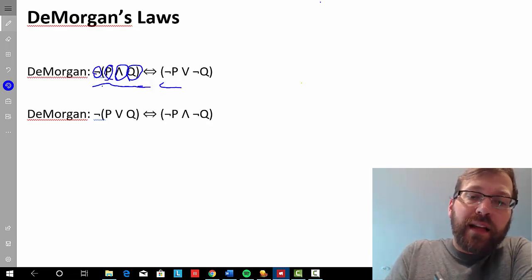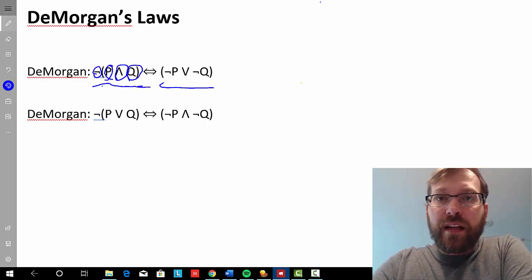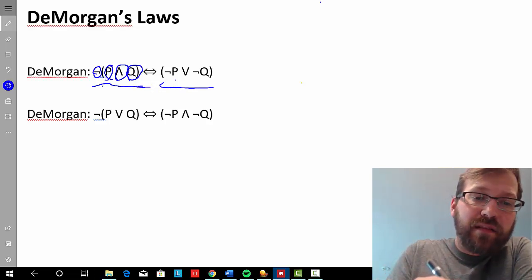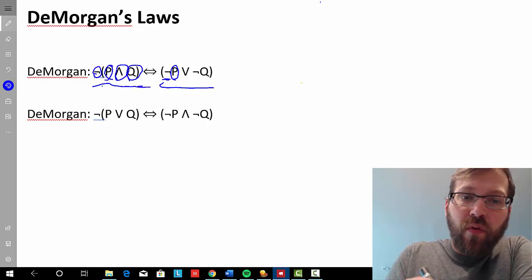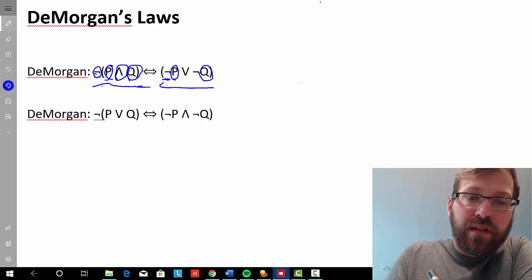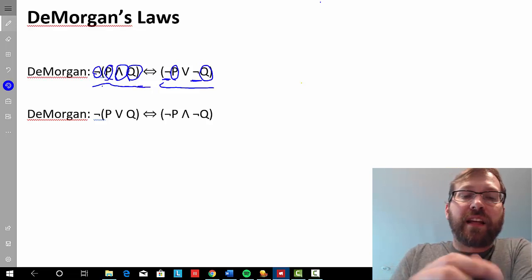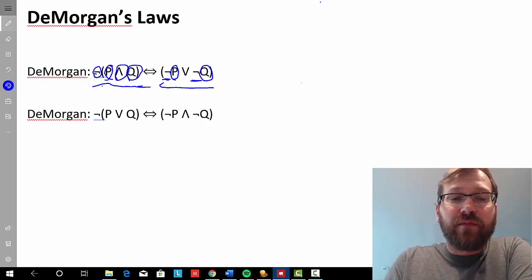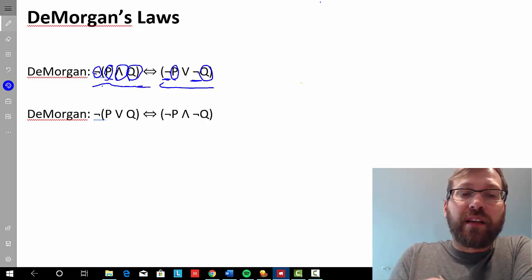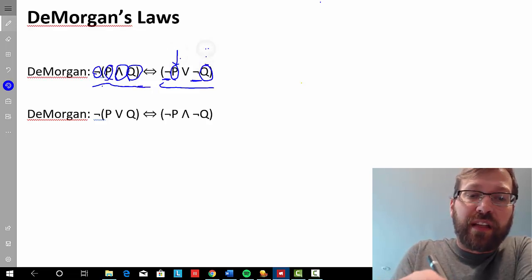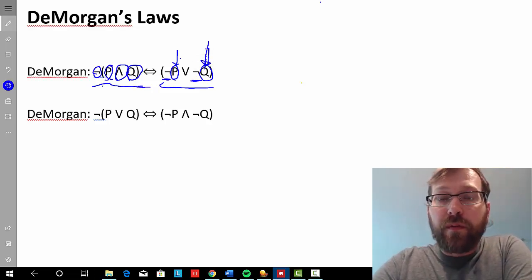And then you think about what this says, and it says either this is false or this is false. And since it's the inclusive sense of the disjunction, it means to say when it's right when this really is false, this really is false, or when both of them are false.